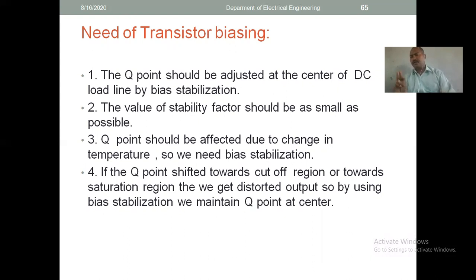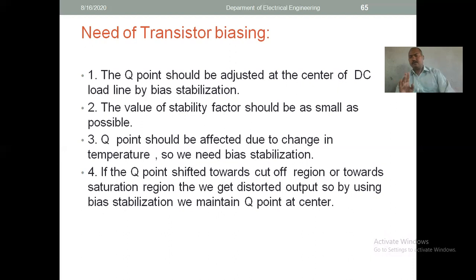See, we have seen the three types of Q point. One is off, that is fully off, which indicates the cutoff region. Then the middle point indicates the active region, and the upper point is the saturation region, right? These are the three operating points of your transistor.